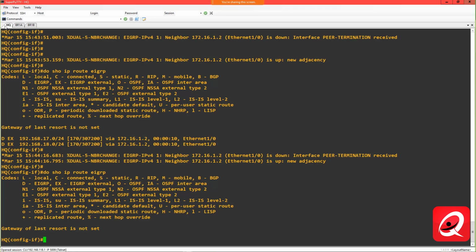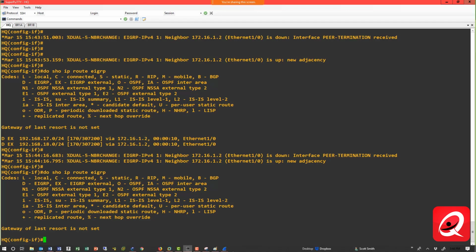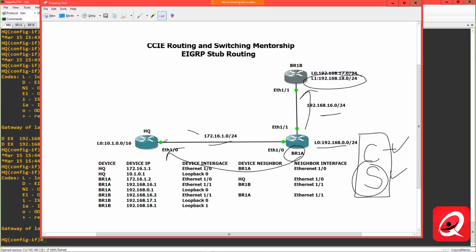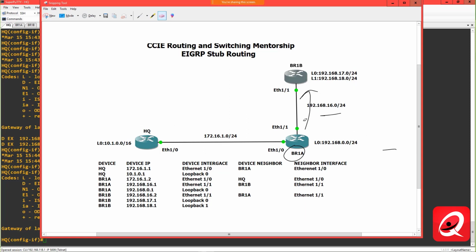Remember, well, I didn't really say this before, but it's really important: in this particular case, stub features do not affect what comes from HQ to the branch. So HQ will still query the branch if it loses routes. Okay, HQ is still going to send queries to the branch.